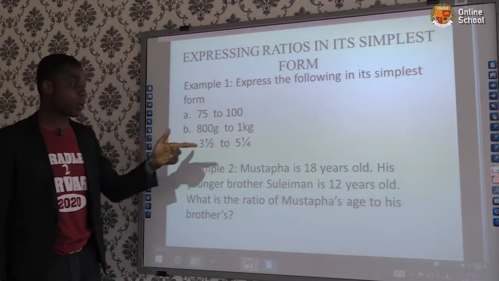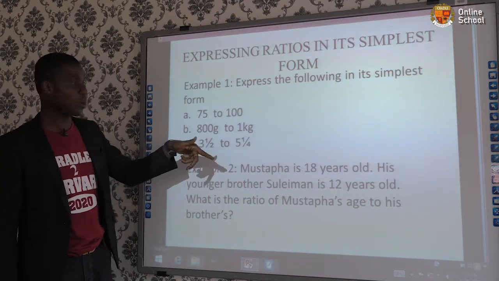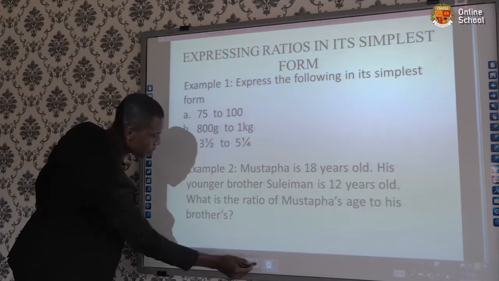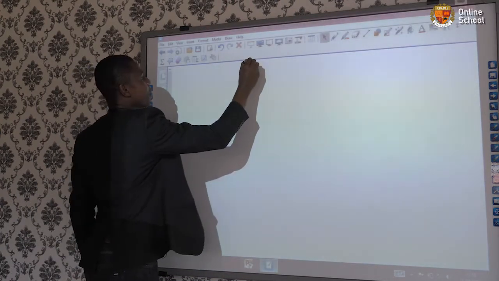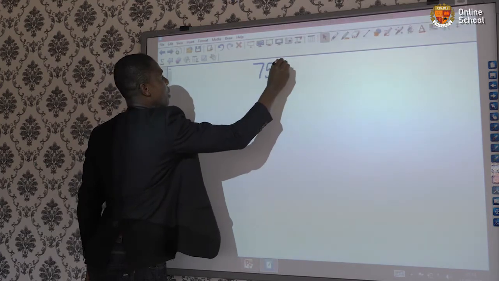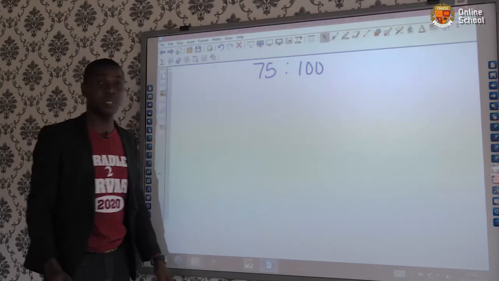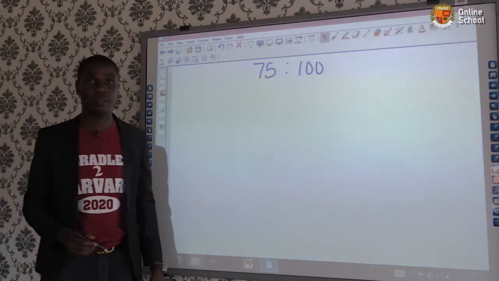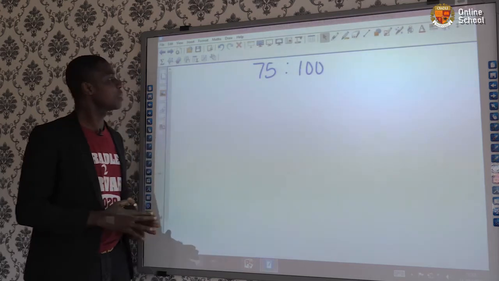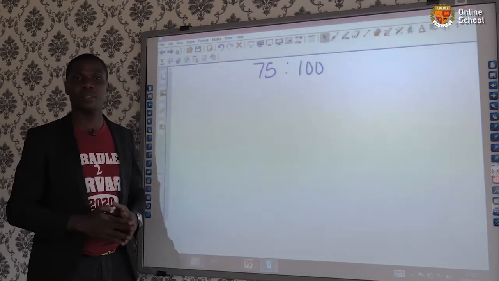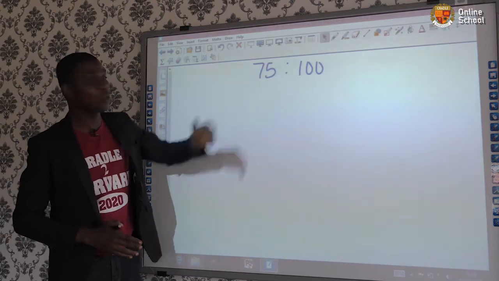I want you to pay very good attention here. 75 to 100 simply means 75 ratio 100, isn't it? Good. Let's start dividing step by step by their common factors. What is common between 75 and 100?